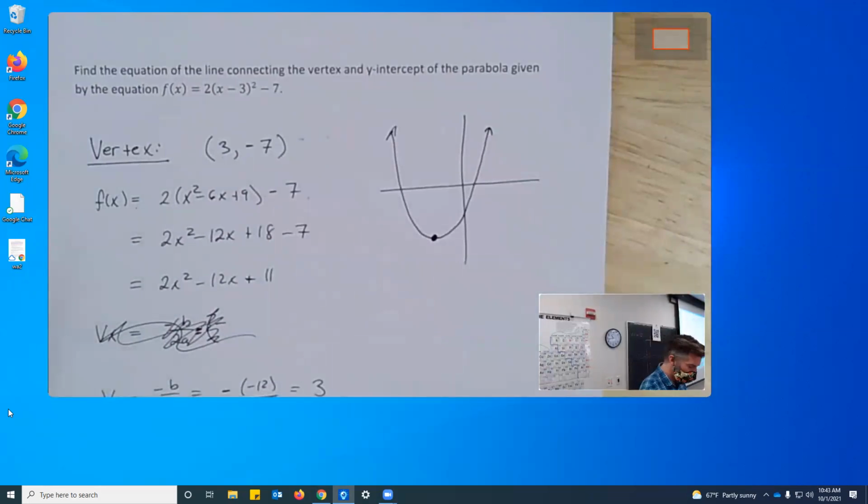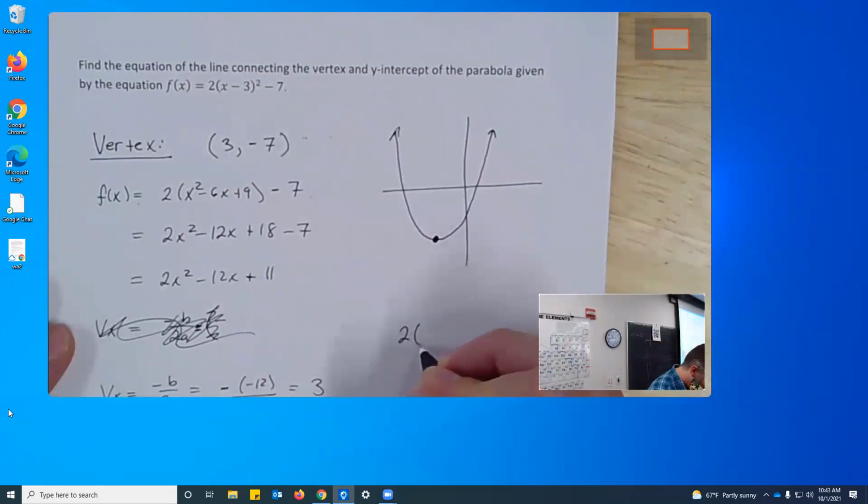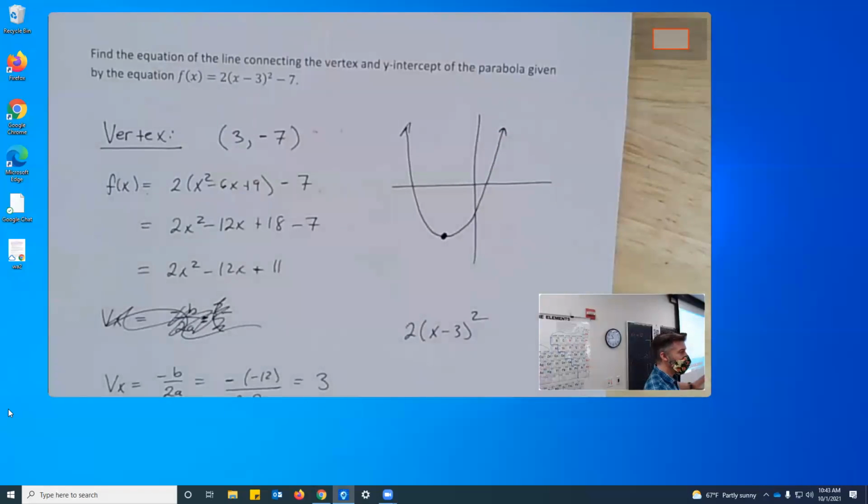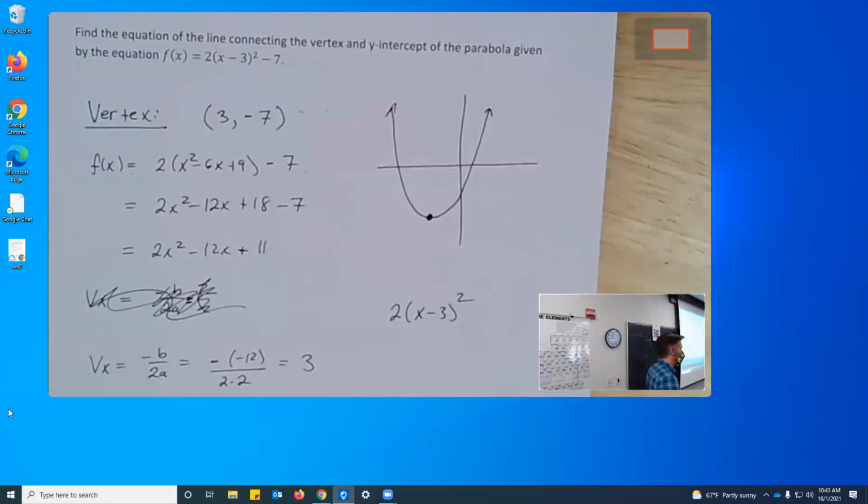Okay, let me ask you all. If you have 2 times (x minus 3) squared, not writing the negative 7 yet, when you have something squared, is it ever negative? No. Can it equal 0? Yeah, something squared can equal 0. What number squared equals 0? 0 is the only number whose square equals 0.